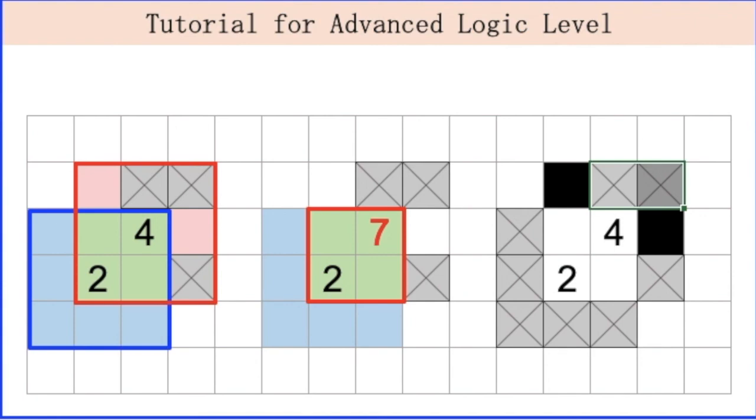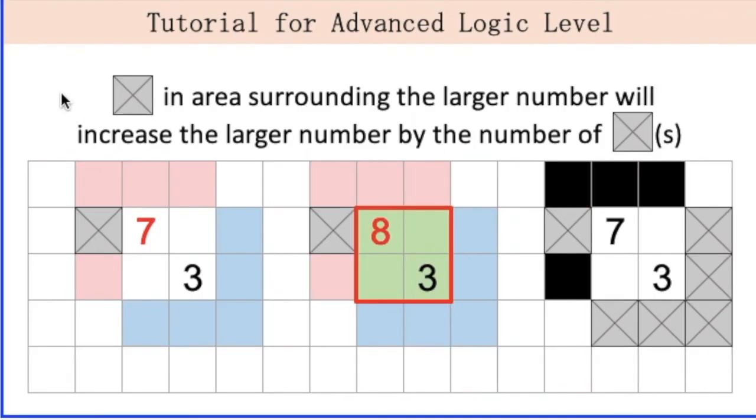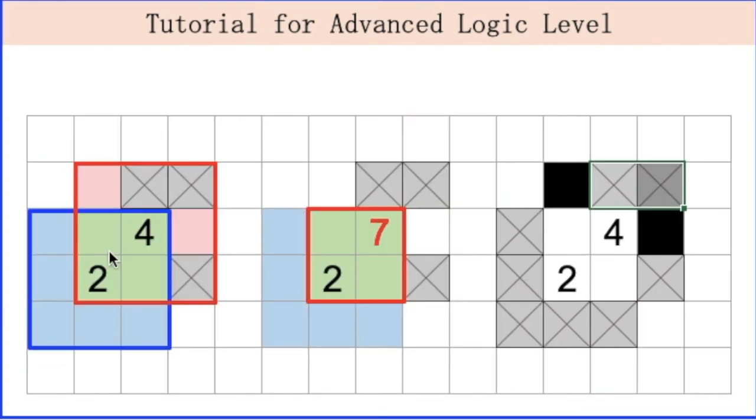And this condition, when we were working with the smaller numbers and the black spaces surrounding the smaller numbers, there was a limitation: the larger number has to be 6, 7, or 8. But for this, the gray spaces against the larger number, there are no limitations. Of course, we looked at 4 and 2.